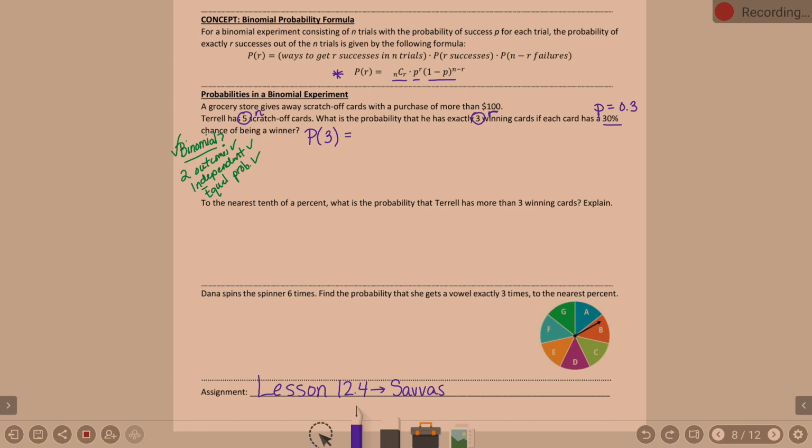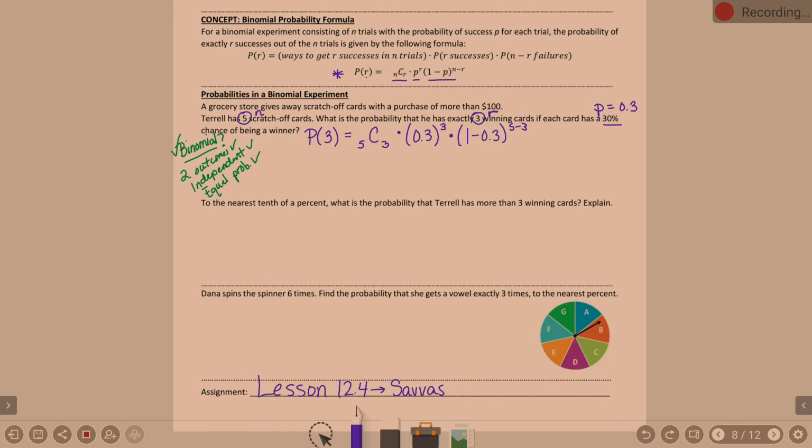So I put 3 in for r. nCr, so that's going to be 5C3, the combination of 5 events picked 3 at a time, times p to the r. p is 0.3 raised to r, which is 3, times 1 minus p, so 1 minus 0.3 raised to the n minus r, so raised to the 5 minus 3. Okay, we filled in the formula, guys.